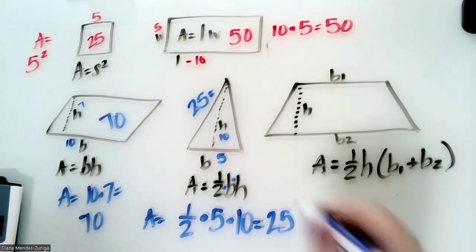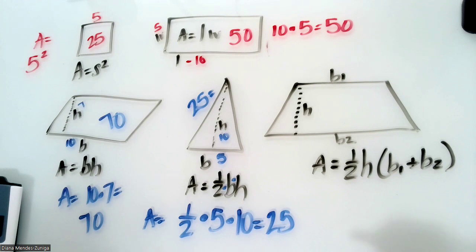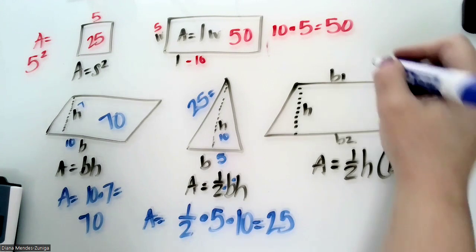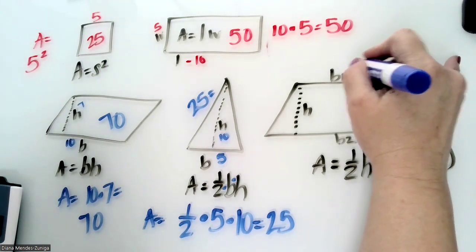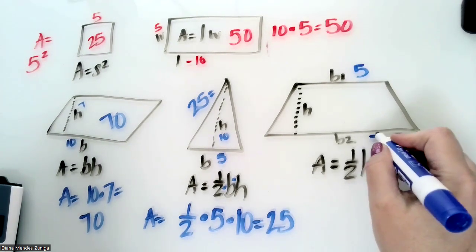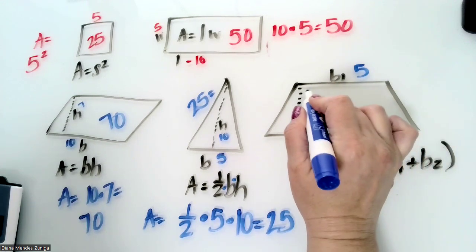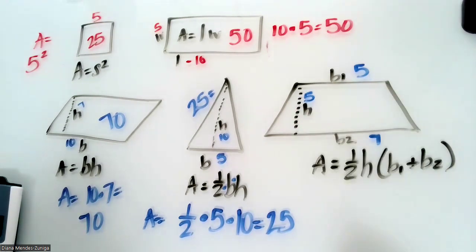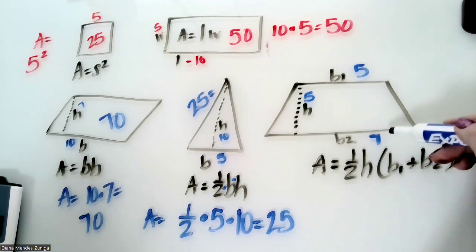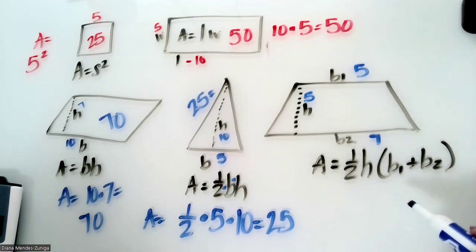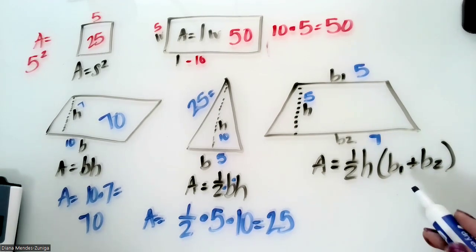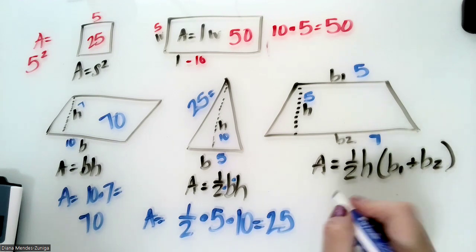Now, just like we did over here, we're going to do the same thing with this half that we did in the last one. So let's make this base 5, let's make this one 7, and let's make our height also 5. We have base 1 and base 2. Now note that that's in our equation. So let's translate this equation.